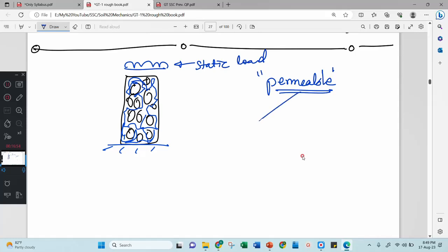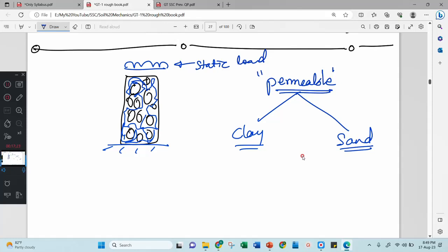Now, which has more permeability, clay or sand? Sand is more. Okay. And is the escape of water quicker in sand or clay? Sand is quick.